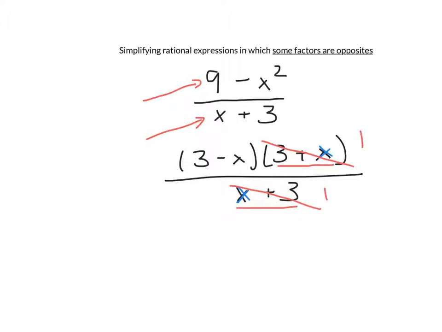So for a final result there, we obtain the expression 3 minus x, and if somebody's wishing to write it in a standard form with the highest power of x first, it could also be written as negative x plus 3.